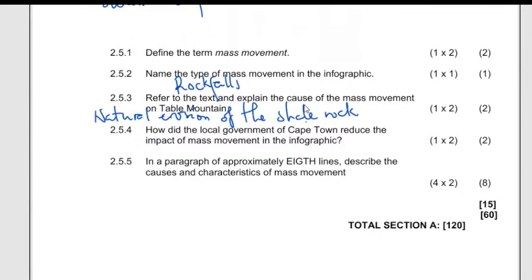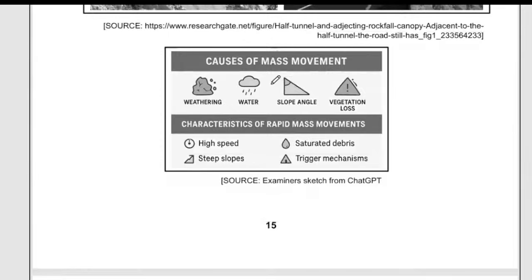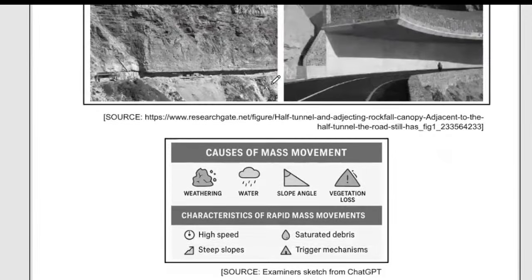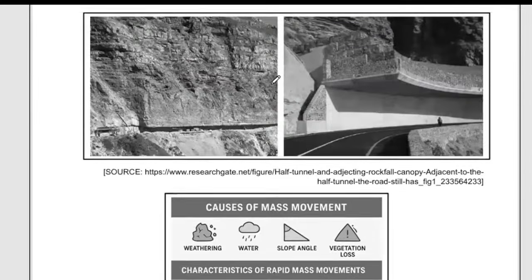How did the local government of Cape Town reduce the impact of mass movement in the infographic? Let's look at what the government of Cape Town did to try and reduce the impact.